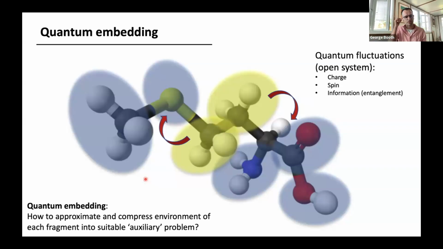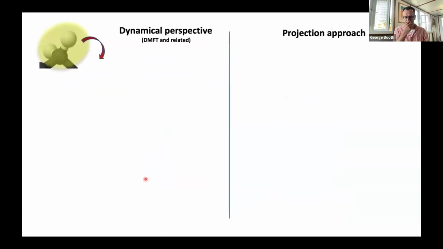So one way to put the challenge of quantum embedding is to ask, how do we describe those quantum fluctuations and approximate them in a suitable auxiliary system small enough for us to then solve at a high level of accuracy? Okay, so this is where we want to start from.